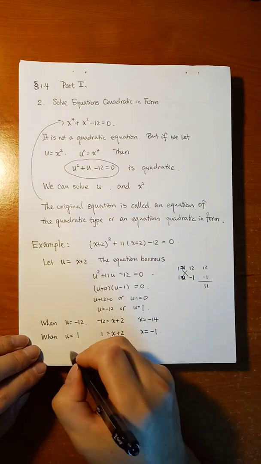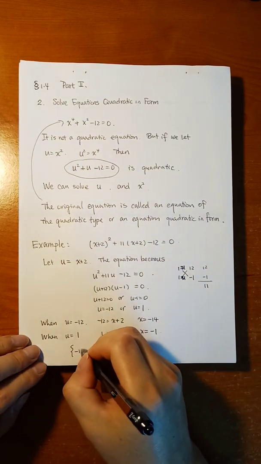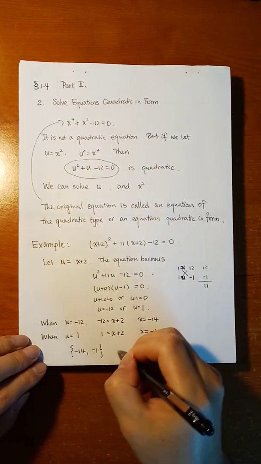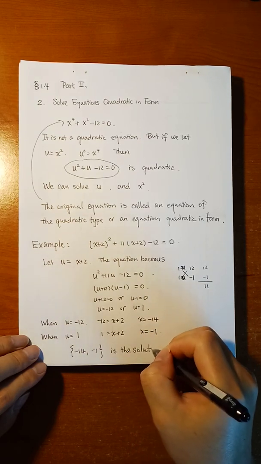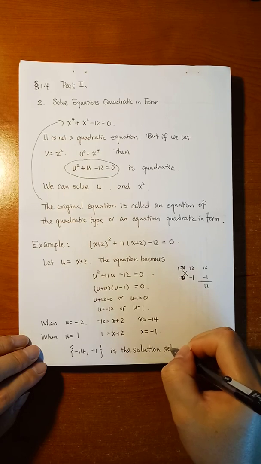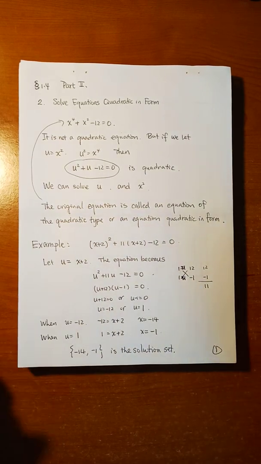So the solution set is negative 14, negative 1. Okay? So you will do the proper u substitution, and this u normally is suggested in the form of the equation.